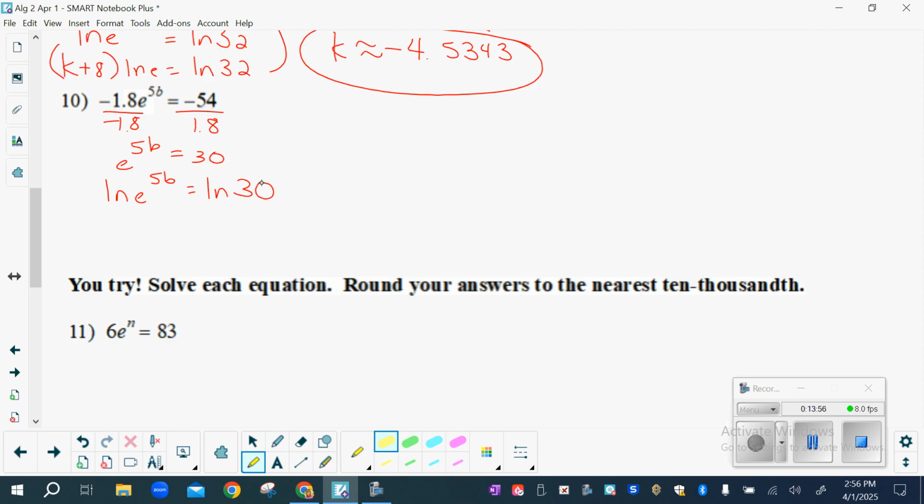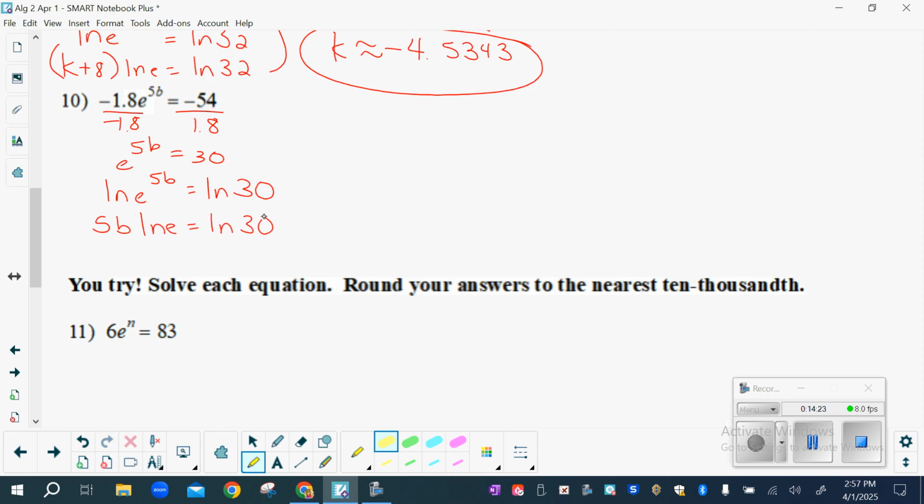And so, good, Cohen. Can somebody else in the group tell me what my next step would be? Cohen. I know you guys know what to do next. You do something with the 5b. What is it? Divide. That's right. We're going to move it to the front. 5b times the natural log of e is natural log of 30.